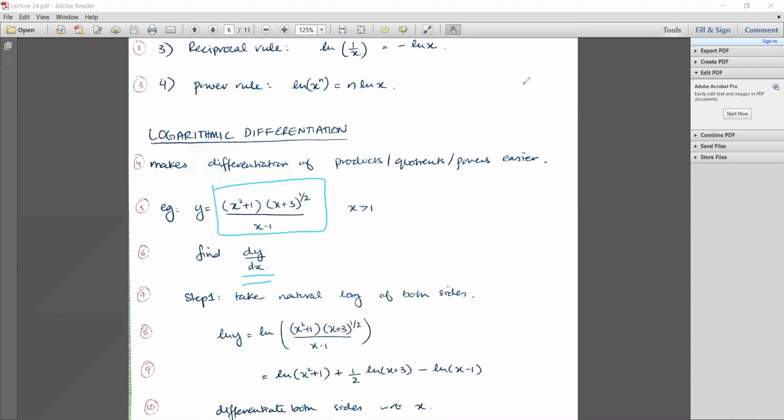You'll have to use a combination of the quotient rule and the product rule because in the numerator you have a product. The natural log will make this much easier.